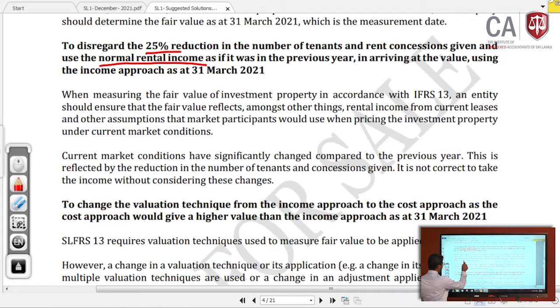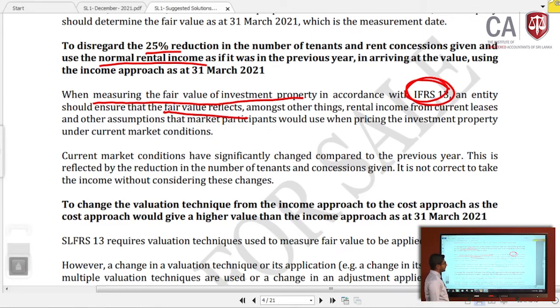Again, when measuring the fair value of the investment property in accordance with SLFRS 13, the entity should ensure the fair value reflects, amongst other things, rental income from current leases and the assumptions that market participants would use when pricing the investment property under current market conditions.